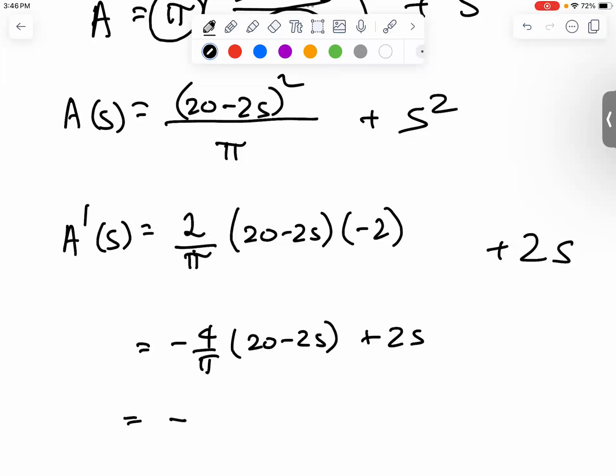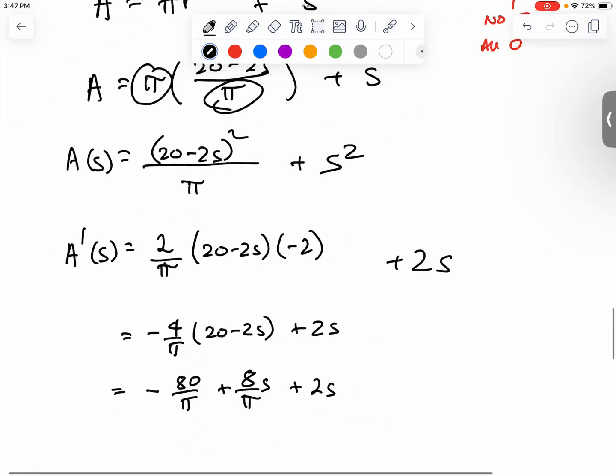So A prime of s is negative 80 over π plus 8s over π plus 2s. And we will try to set it equal to 0.